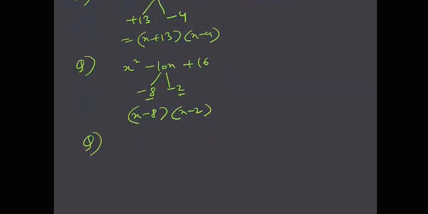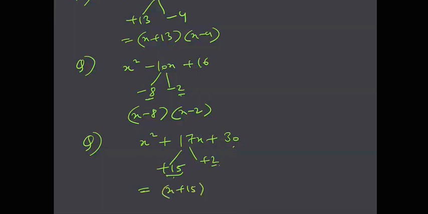Say you have x square plus, say, 17x plus 30. Okay. So then 17 you can split it as plus 15 and plus 2, right? Because 15 twos are 30 and plus 15 plus 2 is plus 17. So then the factors are x plus 15 and x plus 2.